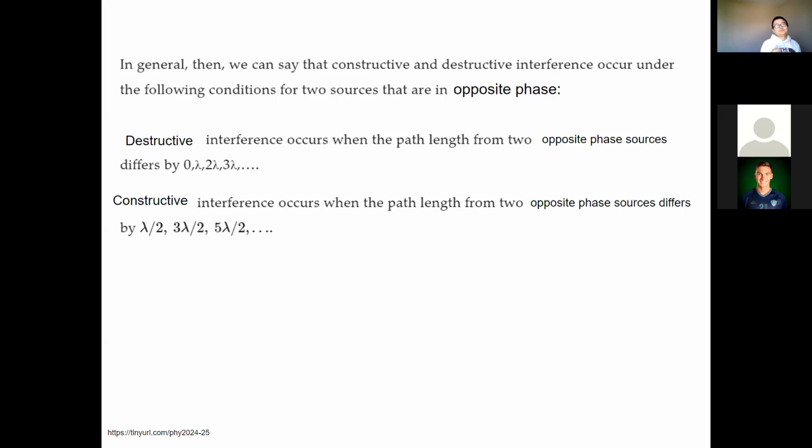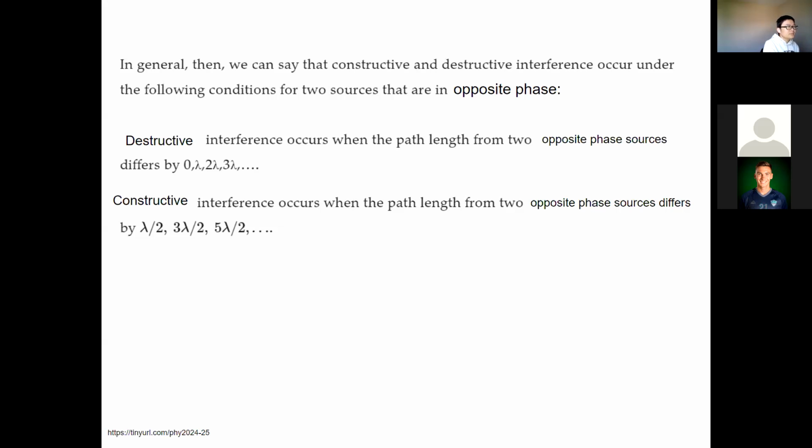So you want to be careful when solving a problem whether the two sources are in phase, out of phase, or in opposite phase. Sometimes people say out of phase when they probably mean opposite phase, but it's more accurate to say opposite phase, because anything other than in phase is called out of phase.